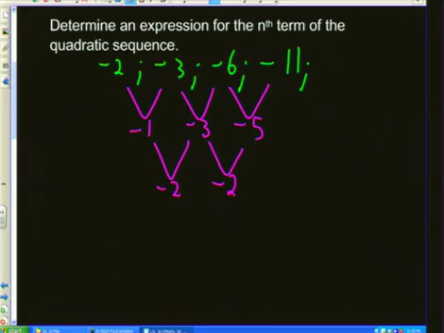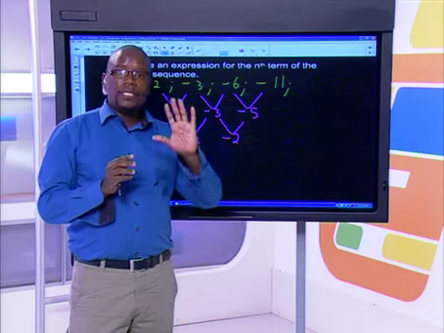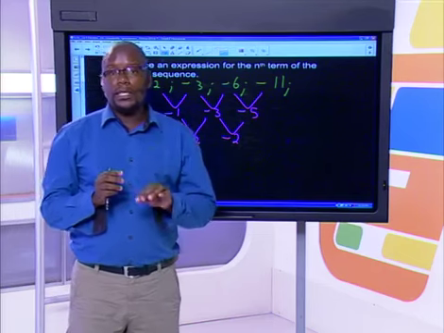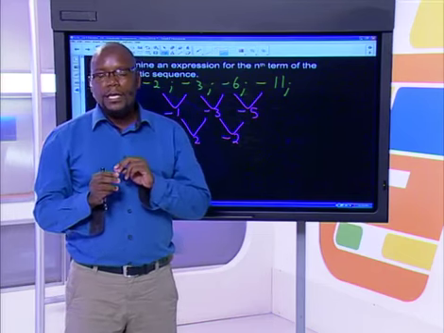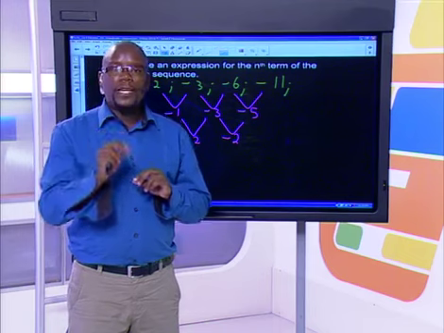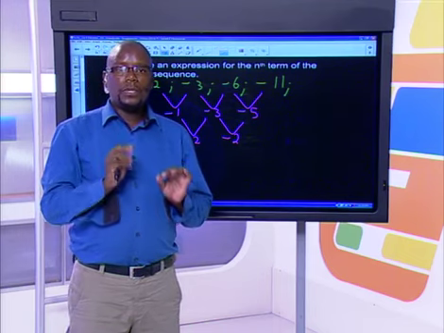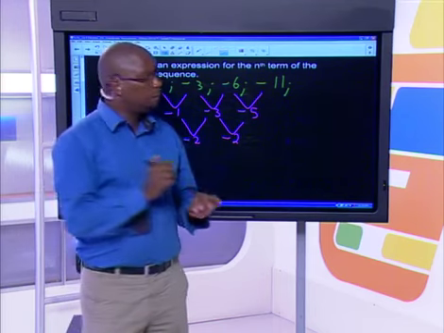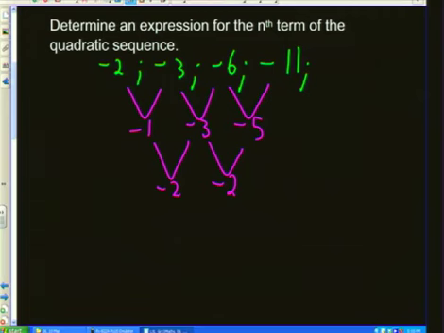Now, we said this sequence is in the form Tn equals an squared plus bn plus c. If we sub in 1, we get the first term, which gives us a plus b plus c. Let me write that next to this.